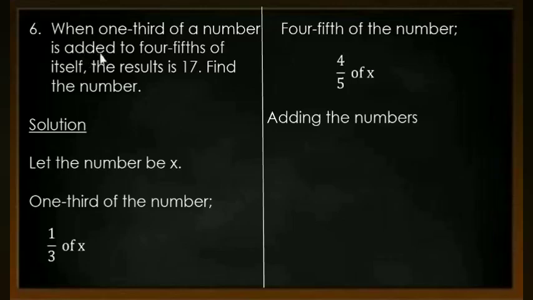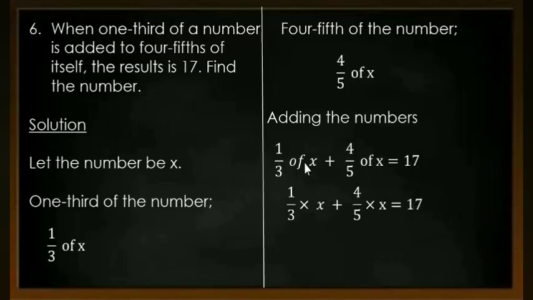So the word added here is prompting me to add this 1/3 of x with this 4/5 of x and equate it to 17 because the question said the result is 17, okay? So it simply means 1/3 of x plus 4/5 of x equals 17.